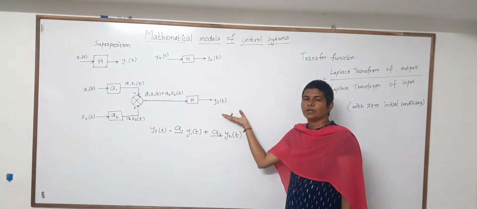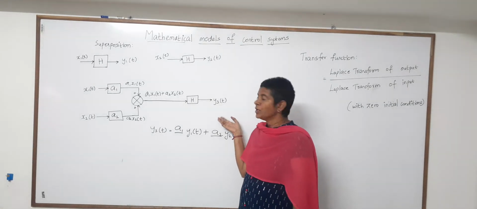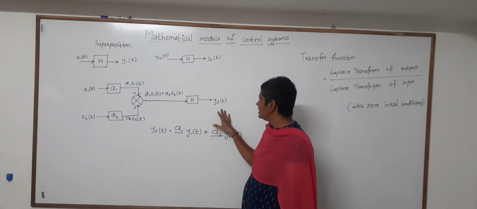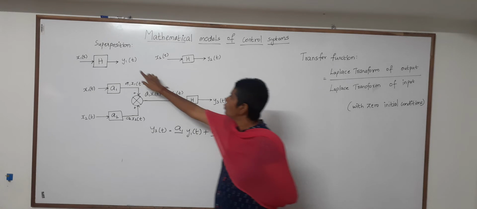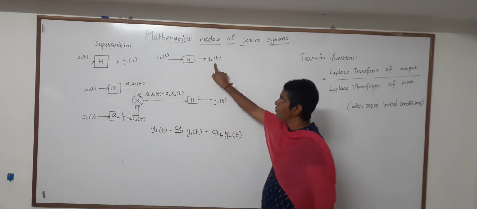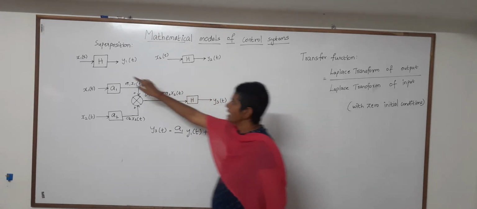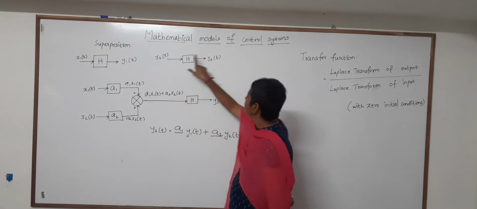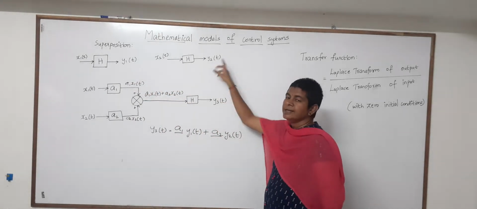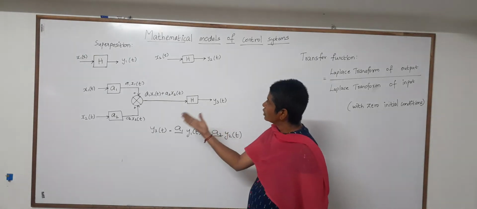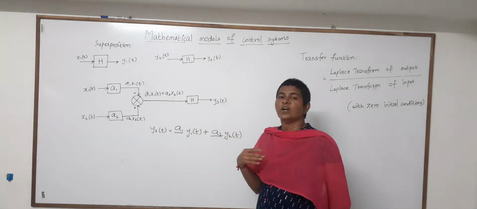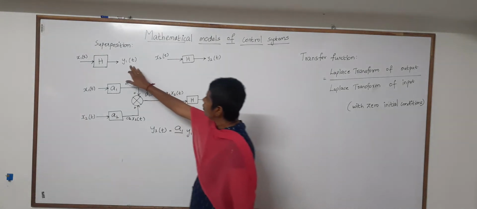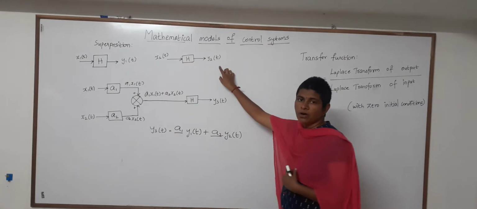Can you make a guess what will be the value of y3 of t? y3 of t is nothing but the combined output of y1 of t plus y2 of t. Because for x1 of t the output is y1 of t and for x2 of t the output is y2 of t. Here I have combined x1 of t and x2 of t, so automatically the output will be y1 of t and y2 of t.